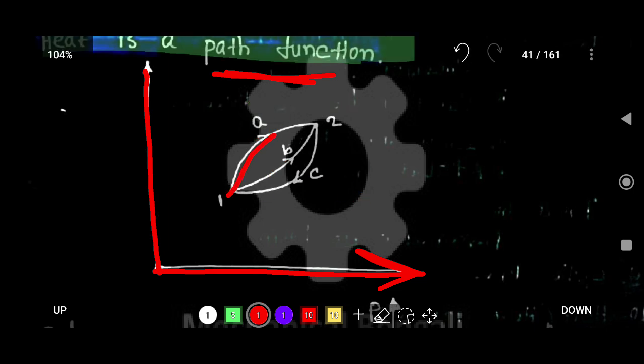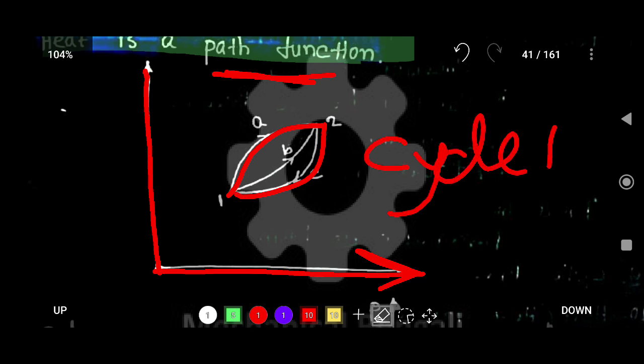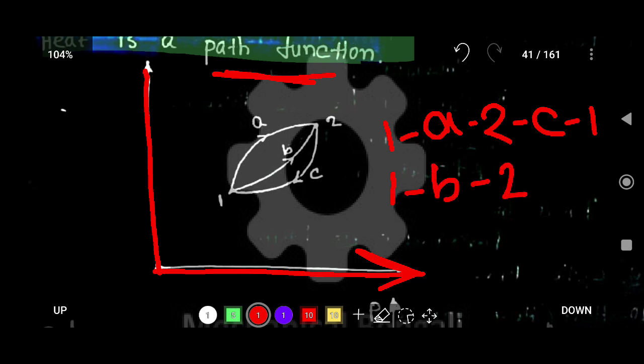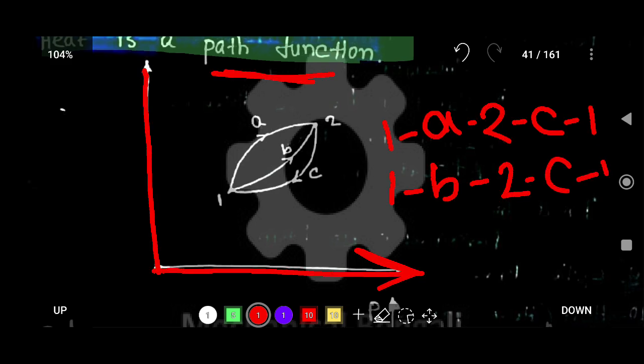So 1A2 to C1, this is cycle 1, and 1B2 to C1, this is cycle 2. So here there are two cycles.